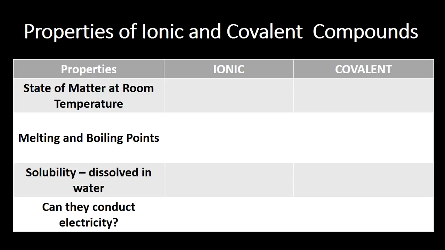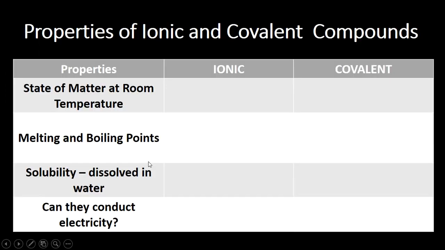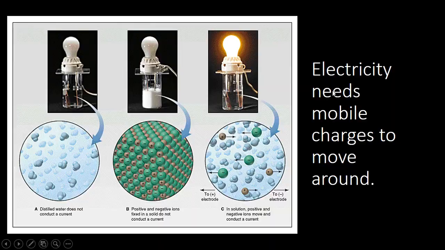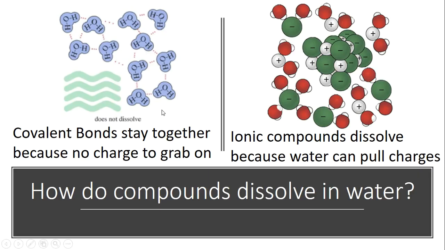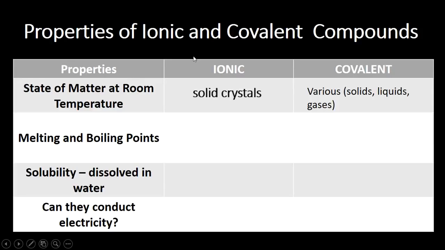So in conclusion, you should be able to answer now everything I gave you on your lab. The state of matter at room temperature: ionic things, because they're all these positive, negative stuck things, are going to want to stay solid. Covalent things, because they are not so much attracted to each other with positive, negative charges, could be anything: solids, liquids, or gases.